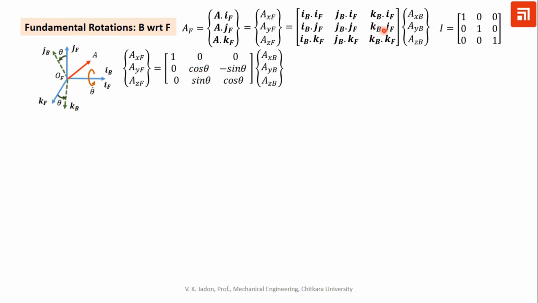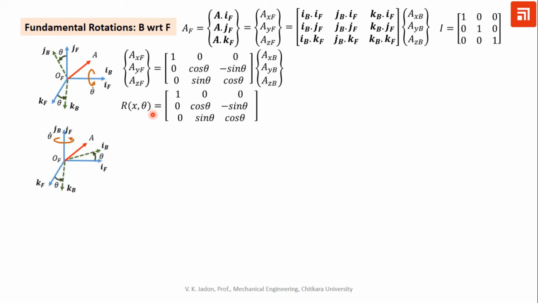And KB dot JF, so KB is here, and JF is this. The angle between JF and KF is 90 degree, and then it is further rotated in this plane only, that is the YZ plane, then it is 90 plus theta, so that is why it is minus sine theta, and so on.